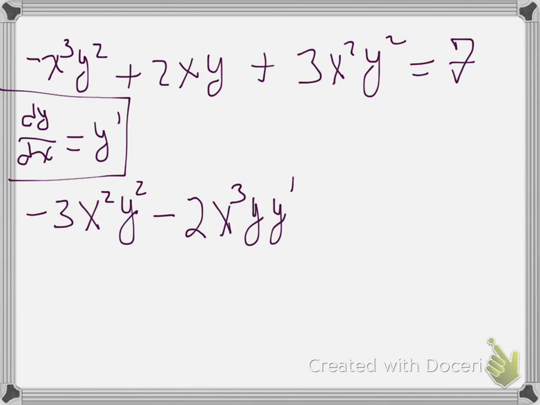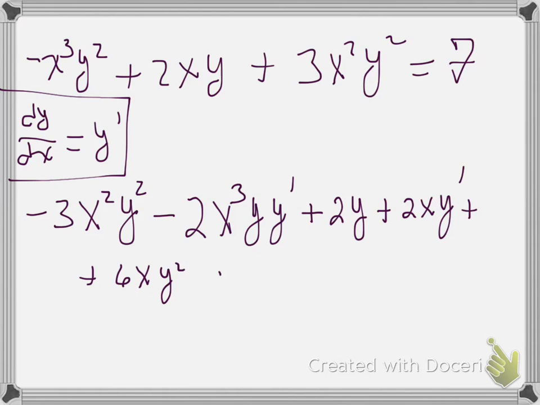Derivative of y is y prime, plus 2y plus 2x y prime, plus, I made this too long, plus 6x y squared plus 6x squared y prime, all of that equals 0. Now, I'm going to get everything that has a y prime in it on one side of the equal sign and everything that doesn't have a y prime in it on the other.